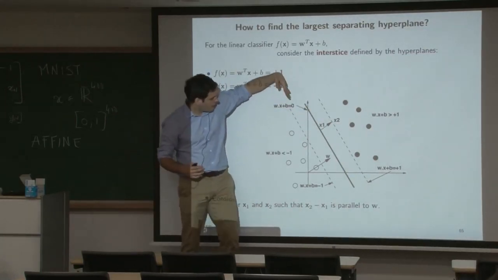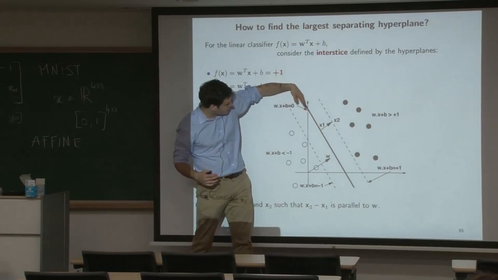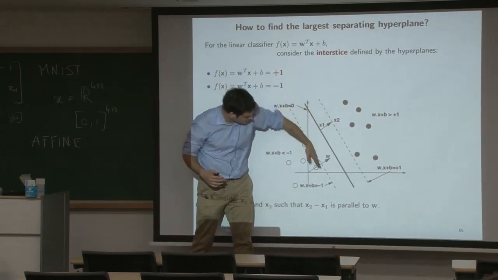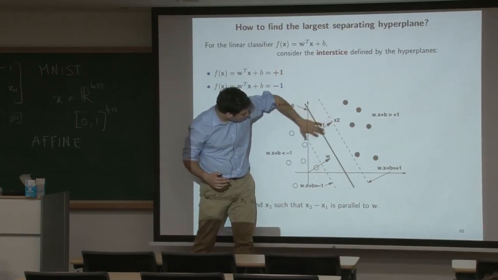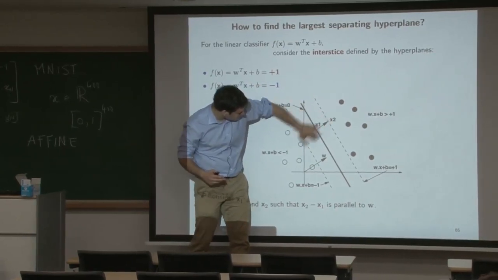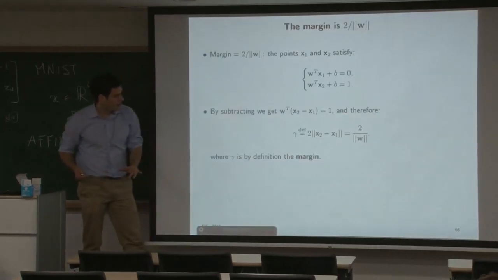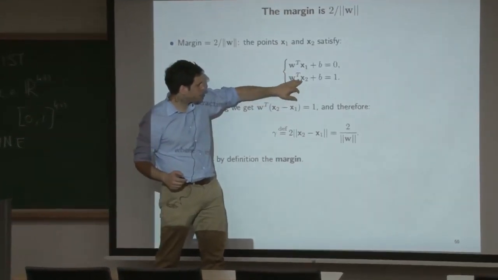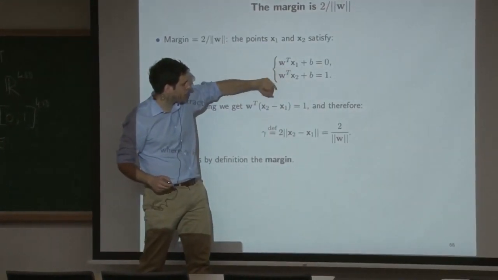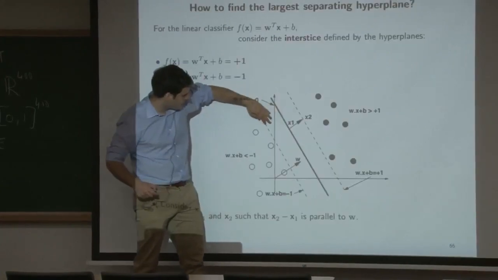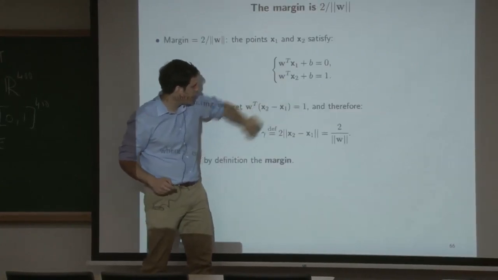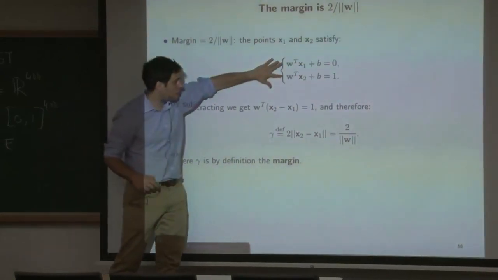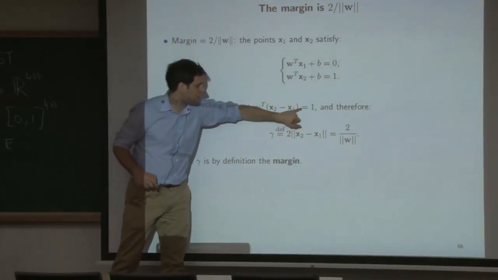So a hyperplane is defined as w transpose x plus b equals 0, and the tube by w transpose x plus b equals 1 and w transpose x plus b equals minus 1. The width of that tube is twice this distance here. If you take a point x1 and x2 such that x2 minus x1 is collinear with w, and x1 is here and x2 is here, then it's very easy to see that if you subtract these two, w transpose (x2 minus x1) is equal to 1.